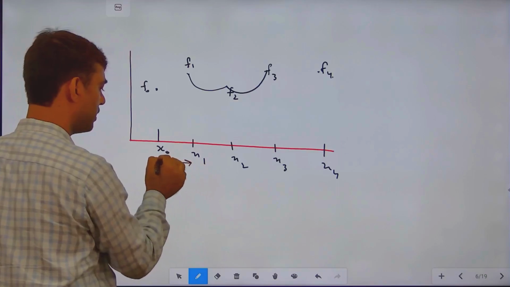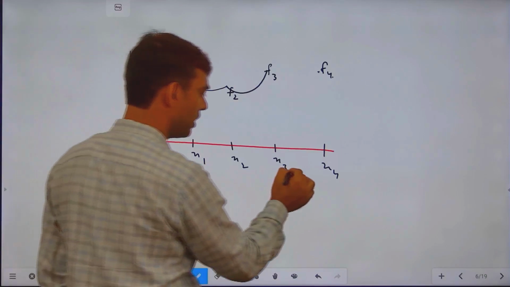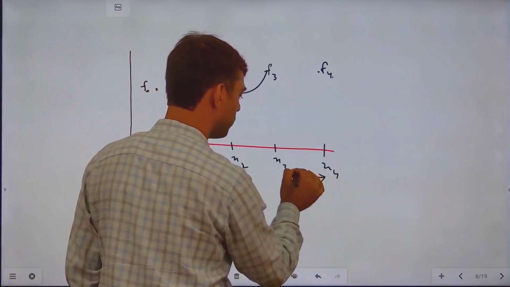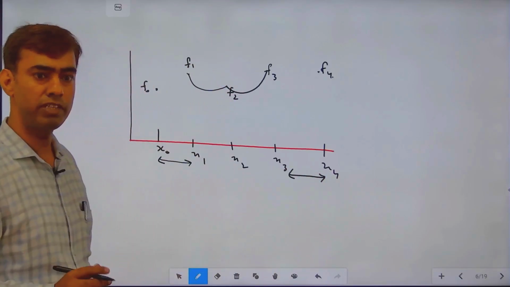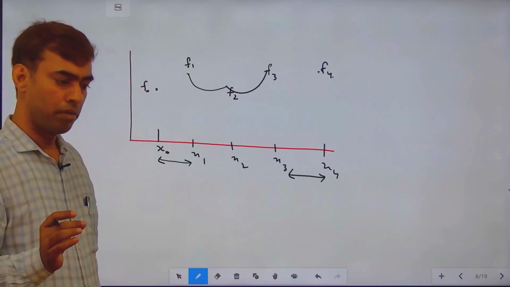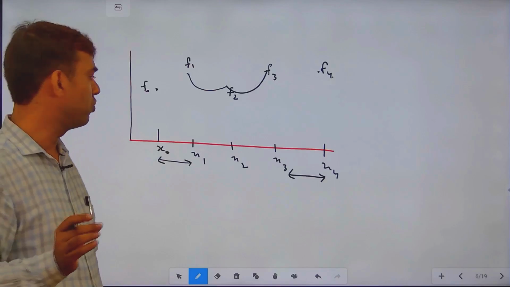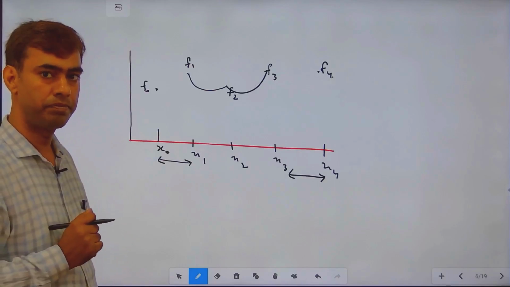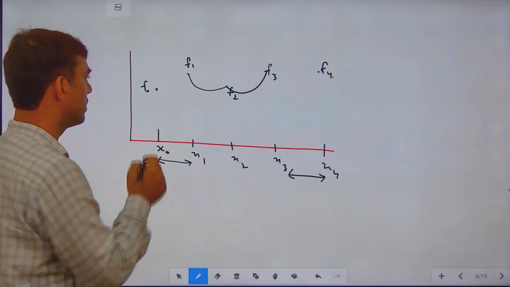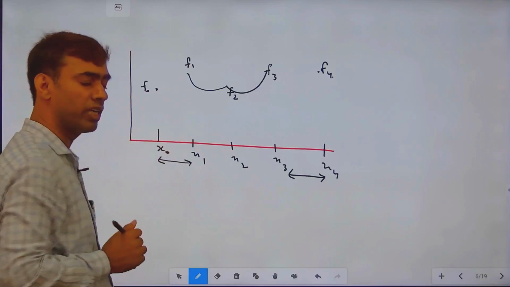In the first interval, x0 to x1, and last interval, x3 to x4, we don't fit a polynomial of degree 2. So this is a limitation of a quadratic spline.